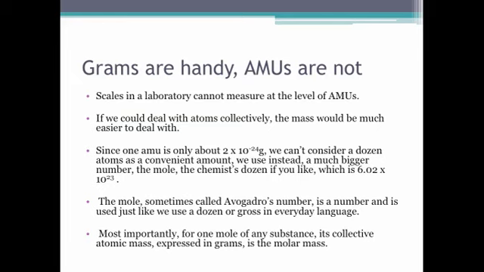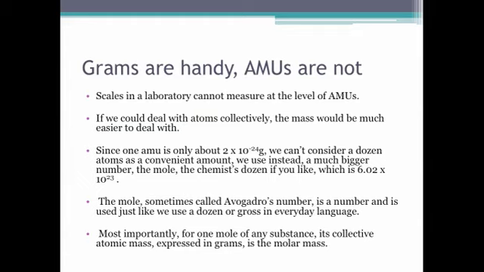Now this last point here is a little bit buried. I should have put this up in flashing neon lights because it's extremely important. It just so happens that if you have a mole of a substance, then its atomic mass corresponds to the mass of 1 mole of that stuff in grams.